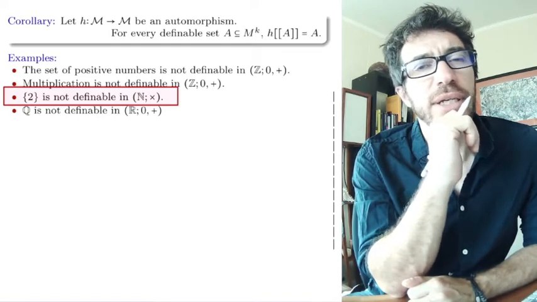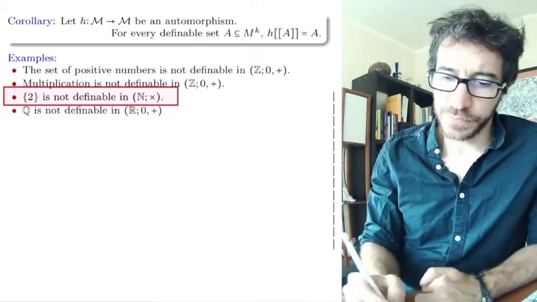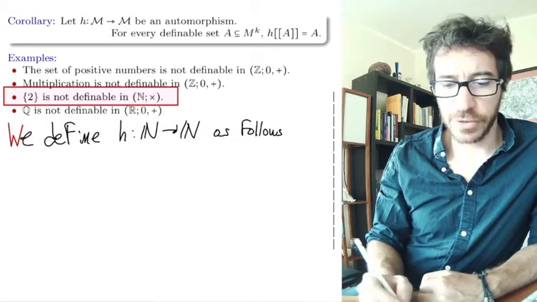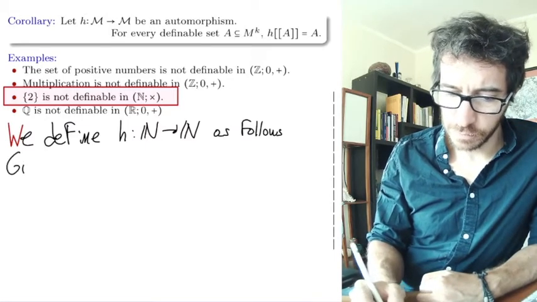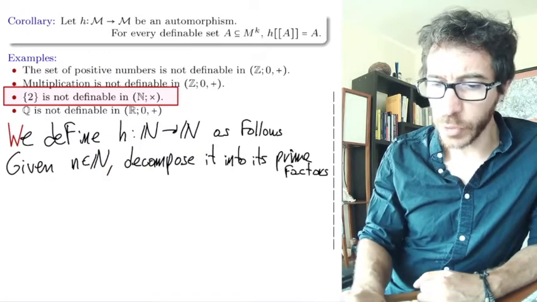This one is a bit tricky, but it's the naturals only with times. So this is what we're going to do. We define the map H from the natural numbers to the natural numbers as follows. Given a number n, decompose it into its prime factors.